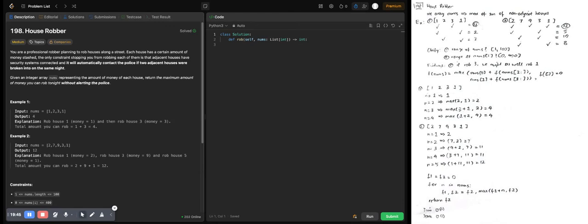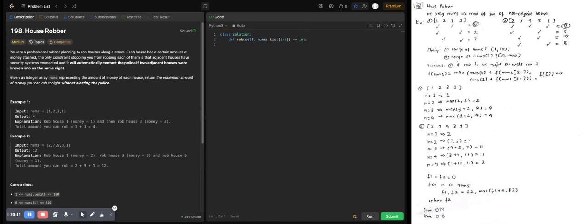Example 2, when n is 1, we have 0, 2. When n is 2, we have 7 or 2, we take 7, and for 3 we take 9 plus 2, which is 11.